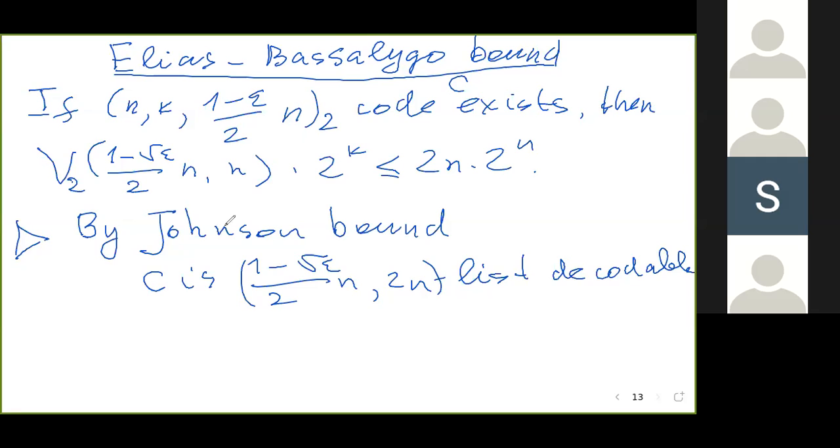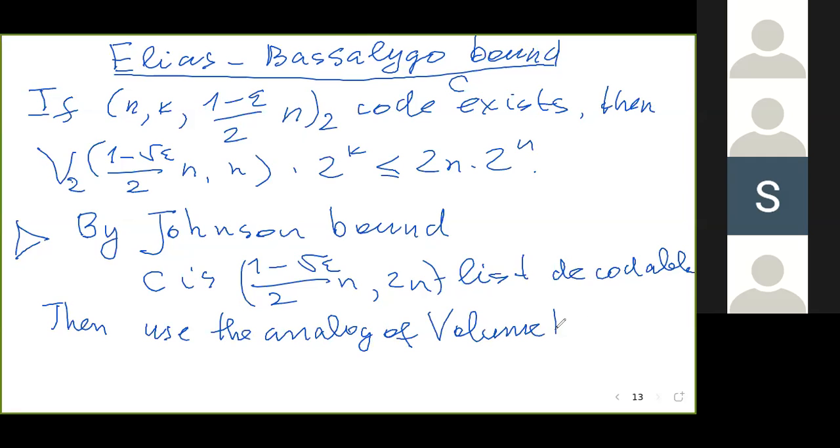So we use first the Johnson bound, then we use the analog of the volume bound, or volume bound for list decoding. So it's a very simple corollary of the Johnson bound.